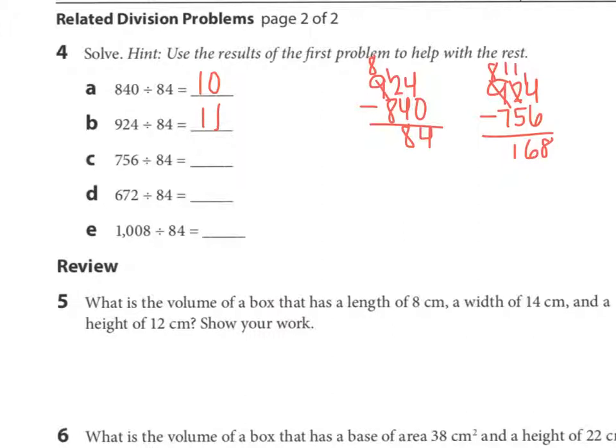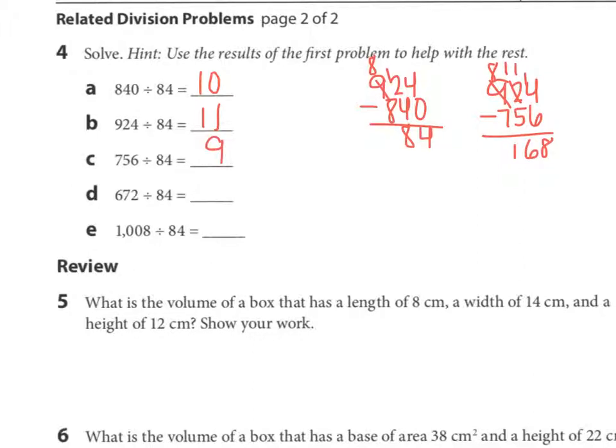I'm looking to see how that relates to 84. It looks like that must be two groups of 84. So if 756 is two groups of 84 less, my quotient here is going to be two groups less. So 11, 10, 9. So the answer must be 9.